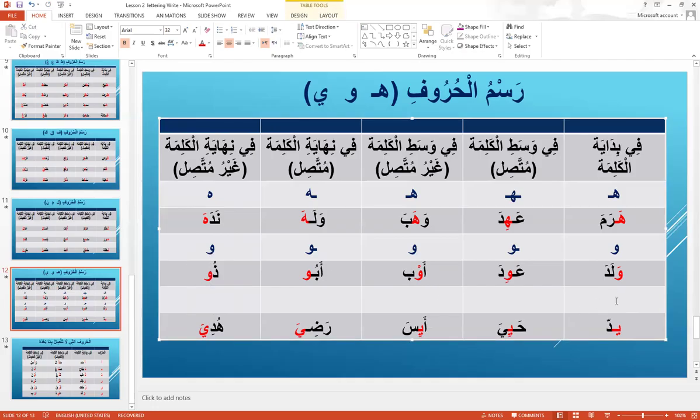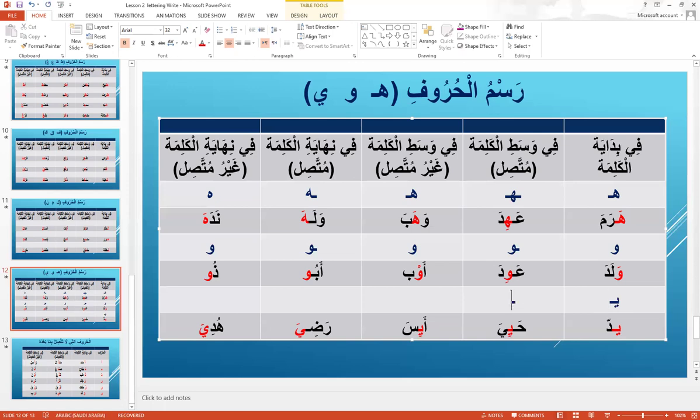Then we go to ya, and we said ya is also written like ba, ta, tha, except at the end, where ya is written in a different way. Since we already know that, let's just write it normally. The ya has 2 points.